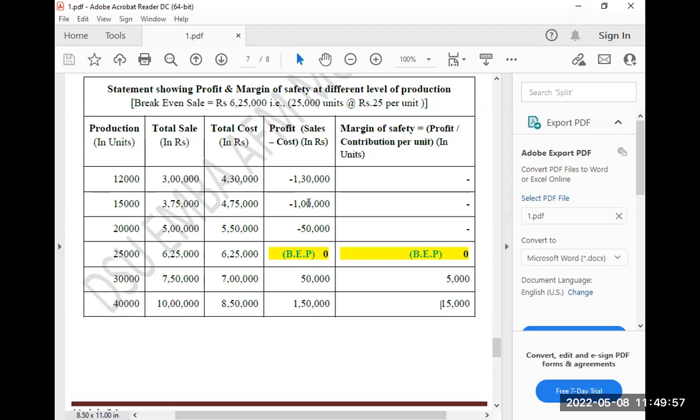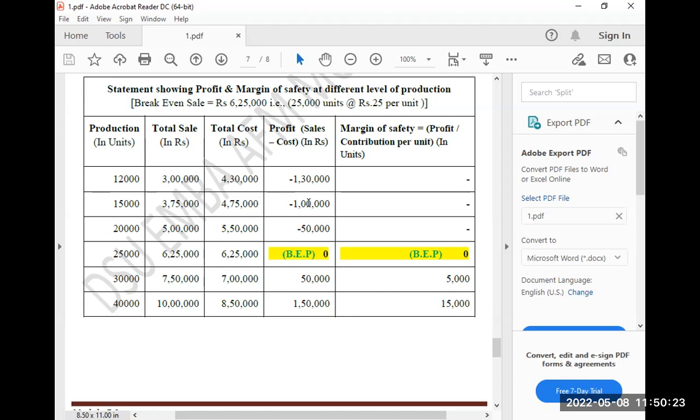Otherwise, we have another way of calculating the margin of safety, that is profit divided by contribution per unit. That gives quantity. If you want to tell it in value, you can say margin of safety in value is 5,000 into selling price. But actually we'll say in number of units: I am safe by 5,000 units.